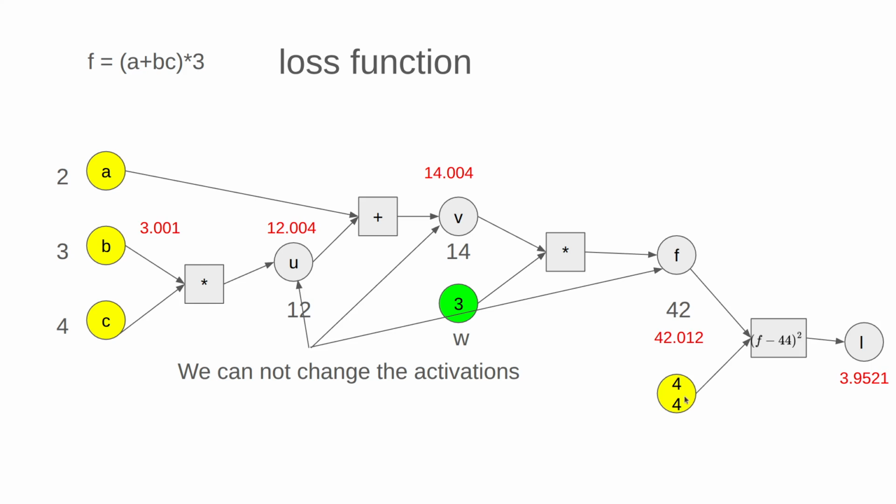So here we define L to be equal to f minus 44, which is the Guangzhou's here, and the square.